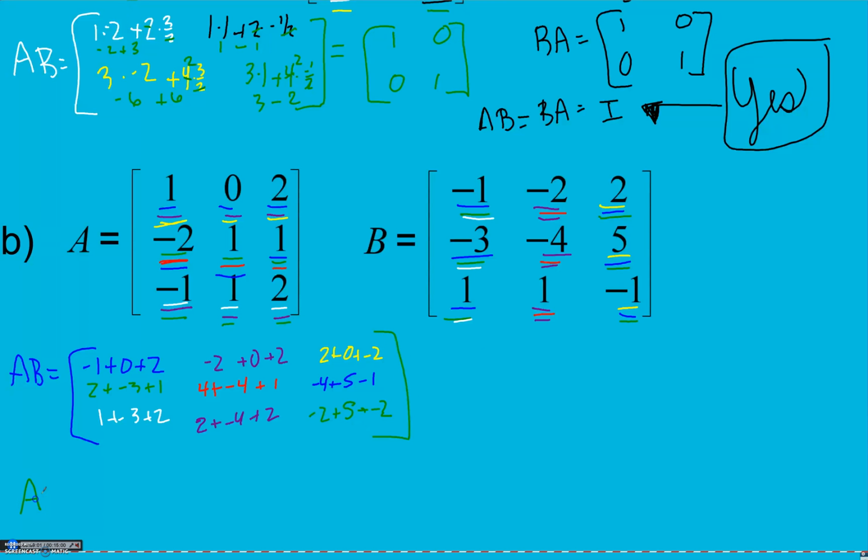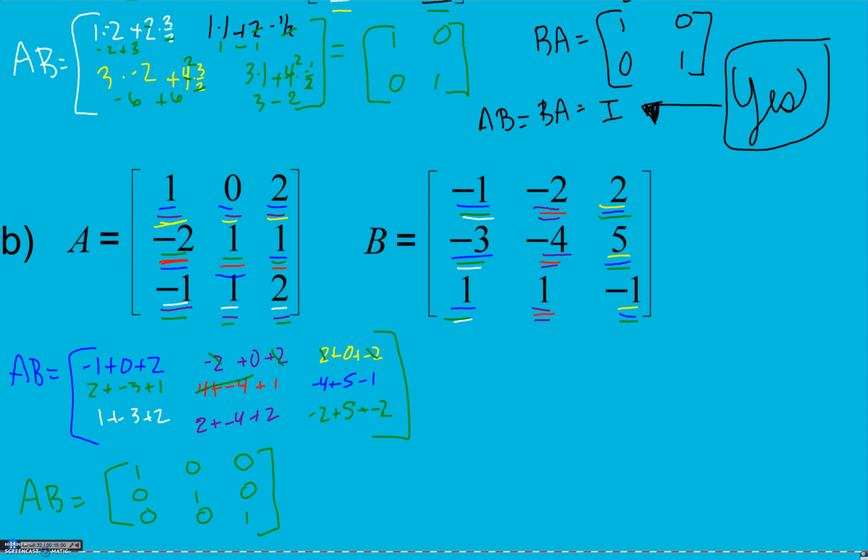Now I'm going to simplify this here. Negative 1 plus 0 plus 2 is 1. Here I get 0. Here I get 0. Here 0, 1, 0, 0, 0, 1. Perfect. That's what we're looking for.